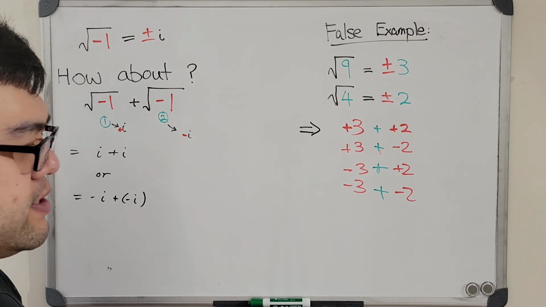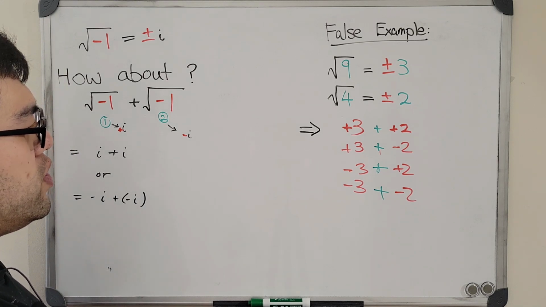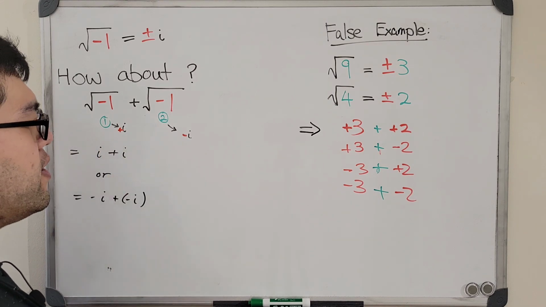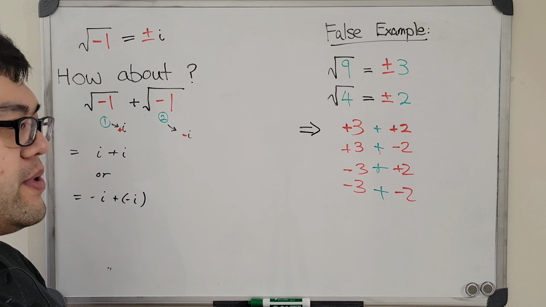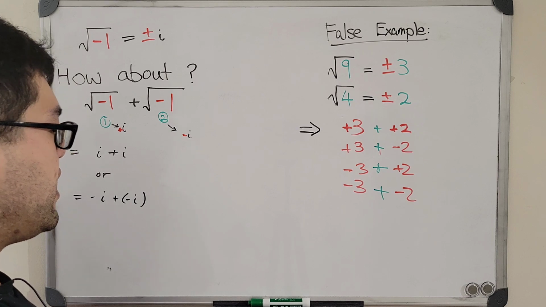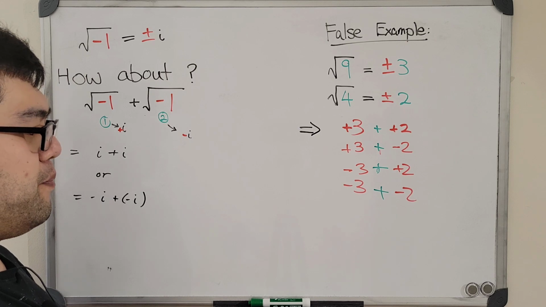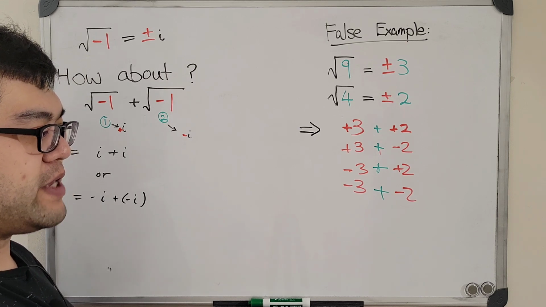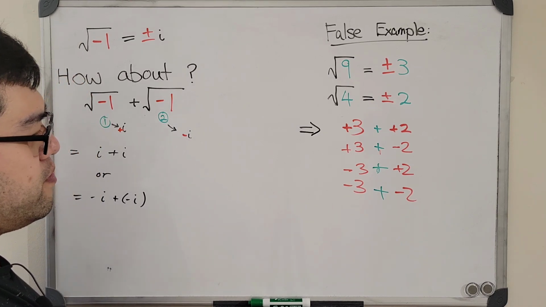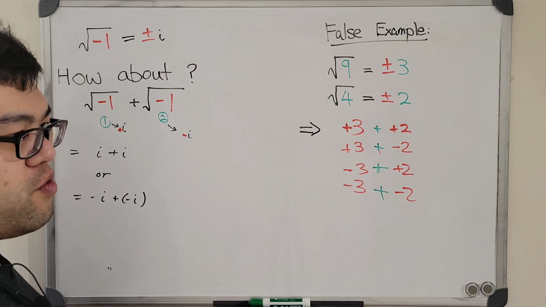Well, this is something that we call the branch cut in complex analysis, which is actually a fundamental topic that shows that when we try to get square roots or even cube roots or things like that, if we try to take the root of some values, especially if we're thinking of it as a solution of some polynomials, then we will always end up with 2, 3, or more results.